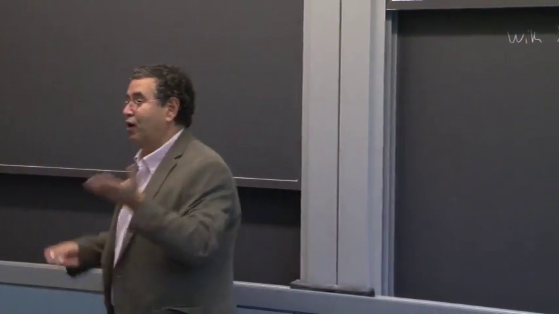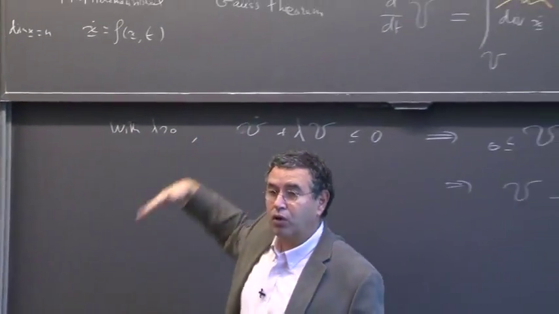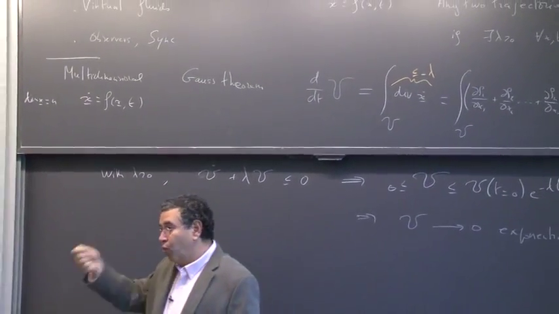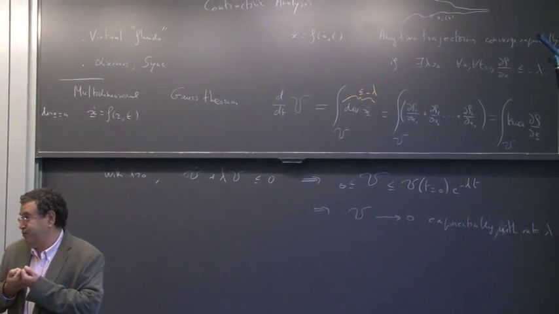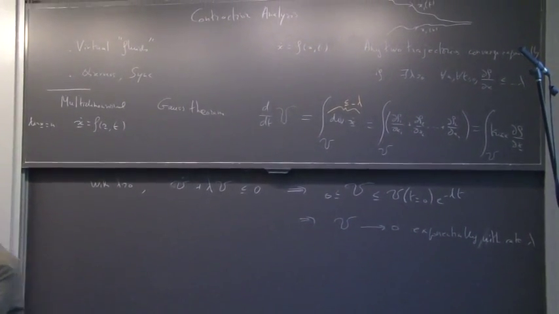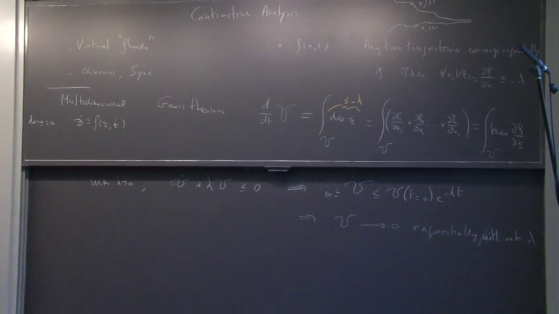So it's still something interesting to know and to remark: if the divergence is negative, then any volume disappears exponentially. But to extend the scalar case to the multidimensional case, we need something more specific than that. We really want to show that any volume tends to a point, which is more precise than saying that any volume tends to 0.